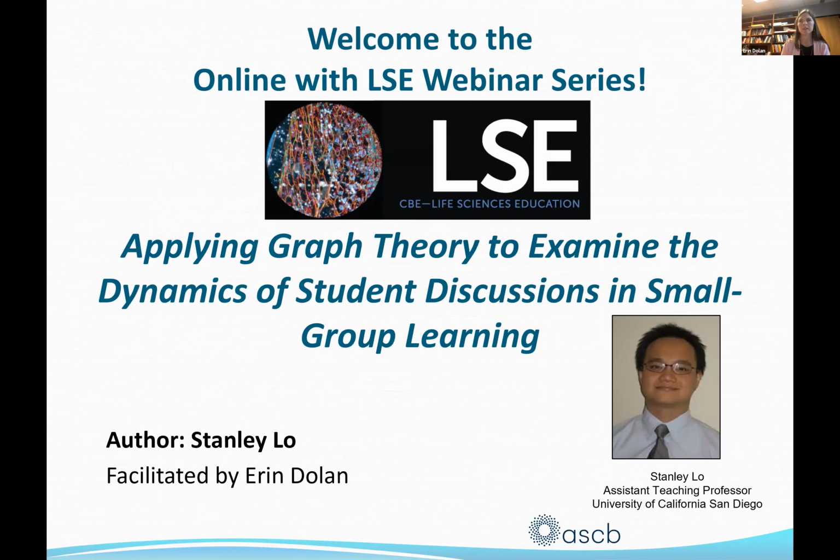To set the stage, he's kindly put together a handful of slides that will give an introduction or a refresher for folks who might not have looked at the paper recently, or for folks who may not have had a chance to read it. And then we'll shift to some Q&A time as we move through the webinar. So Stanley, would you like to go ahead?